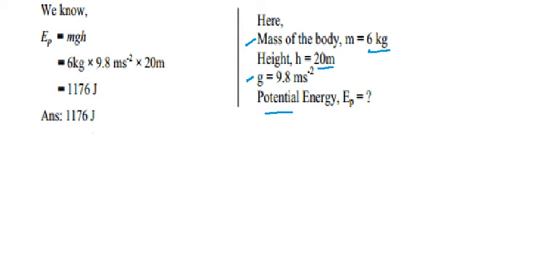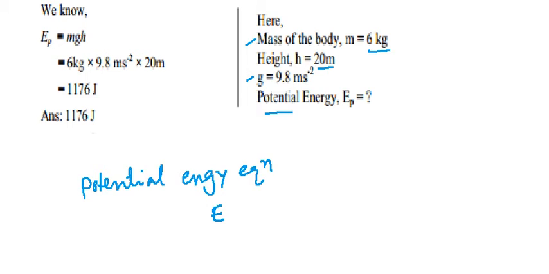We know the equation for potential energy is EP equals m g h.